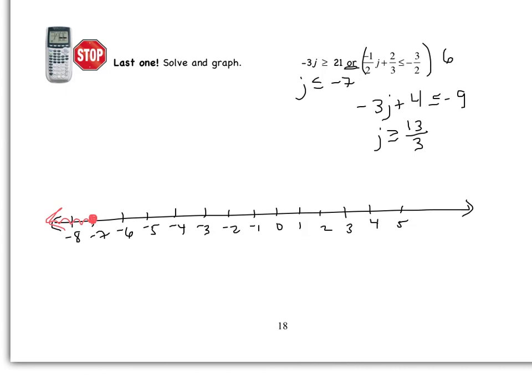And then j is greater than or equal to 13/3. Well, 12/3 is 4, so 13/3 is going to be a little bit bigger than 4, and it's going to be everything above that. Again, it's an OR, so you should have gotten 2 plausible regions. So j is either somewhere in the red region or somewhere in the blue region.